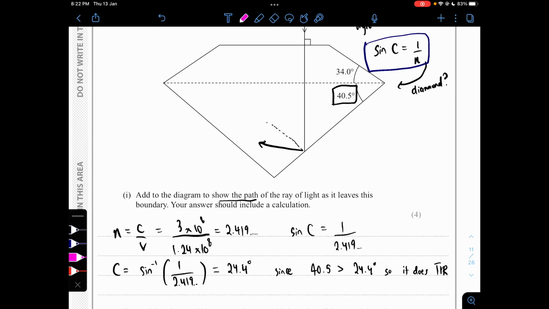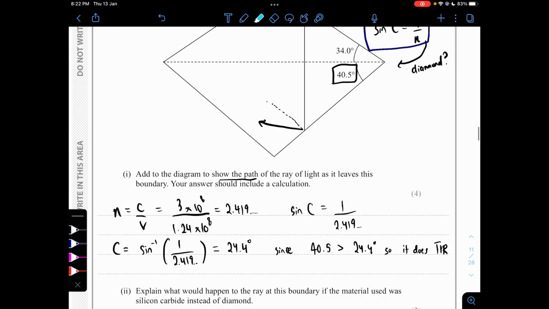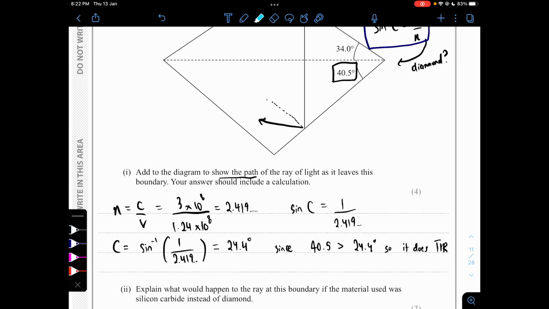Marks are saying that first calculating n equals c over v, calculating n, right? That's the first mark. 1 mark for adding the ray, 1 mark for stating that it's less than the incidence angle, and so it does totally internally reflect. So 1, 2, 3, 4.